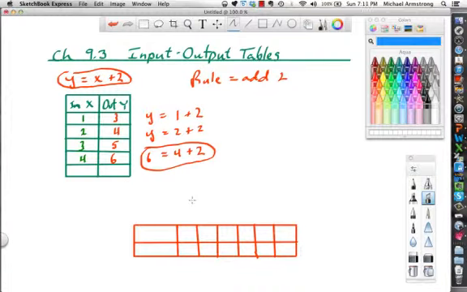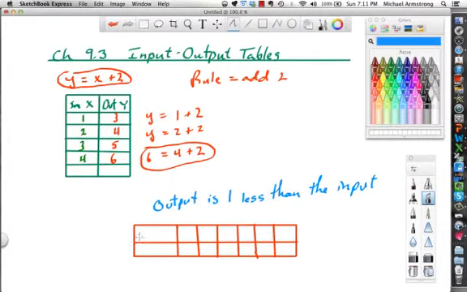So this is some completing input-output tables. This one, example A, the output is 1 less than the input. And this is what you're going to be solving on your own papers.